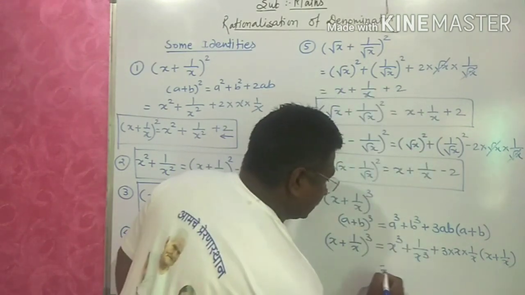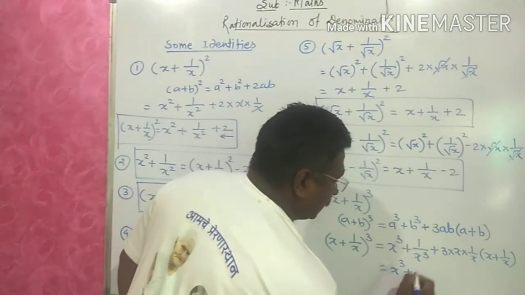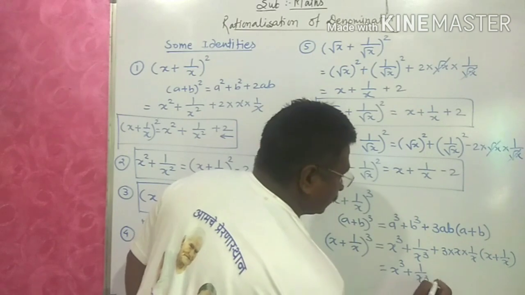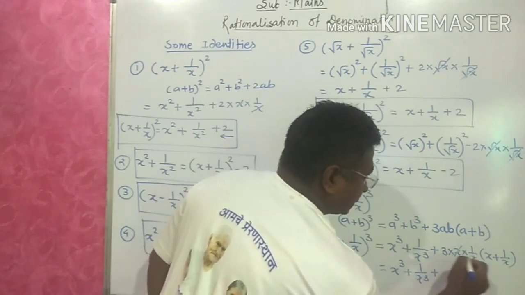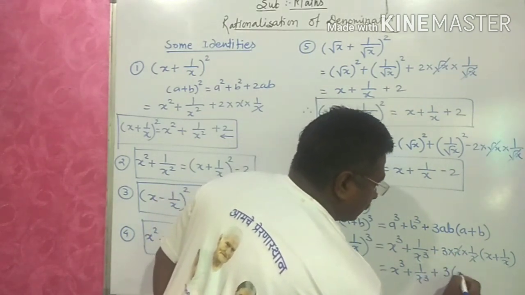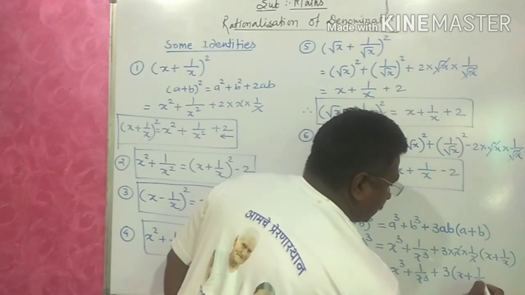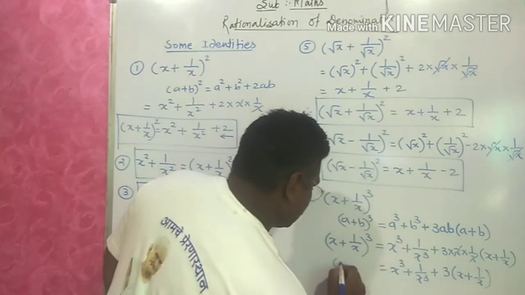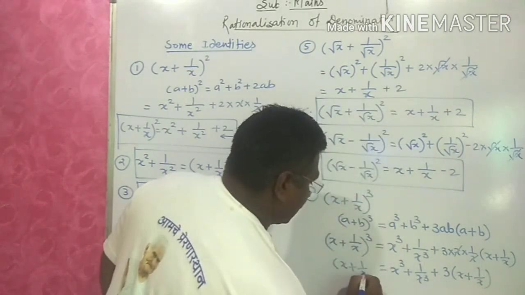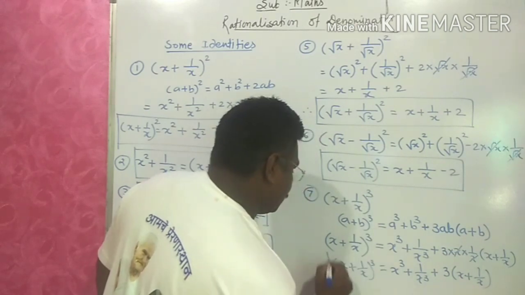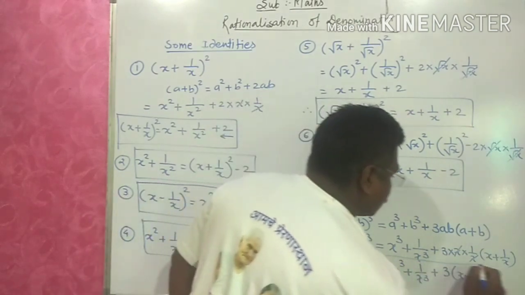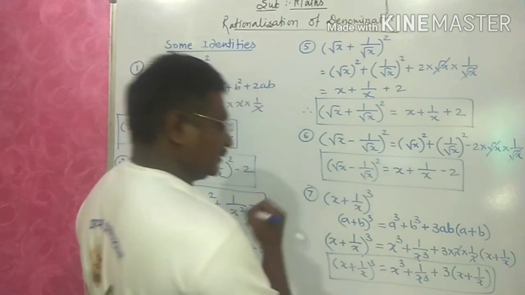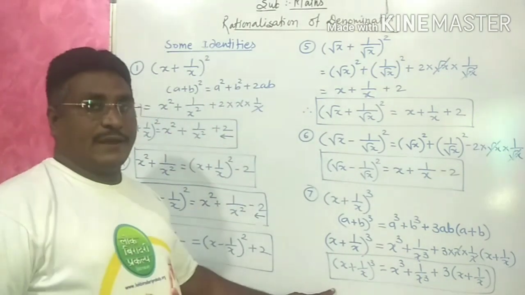So what will we get? x cube plus 1 by x cube plus, this cancels, 3 into x plus 1 by x. So this is the cubic identity.